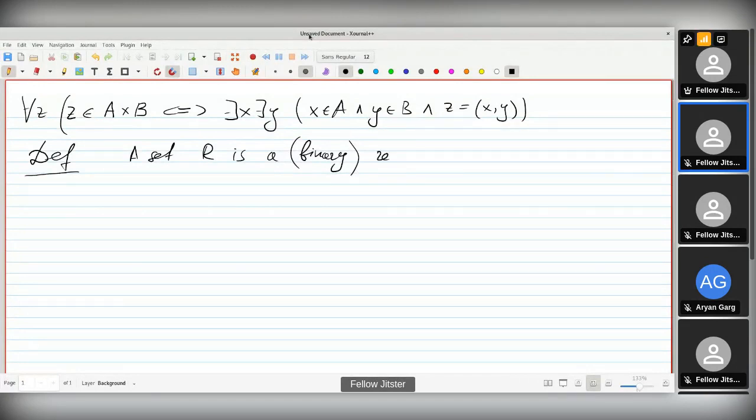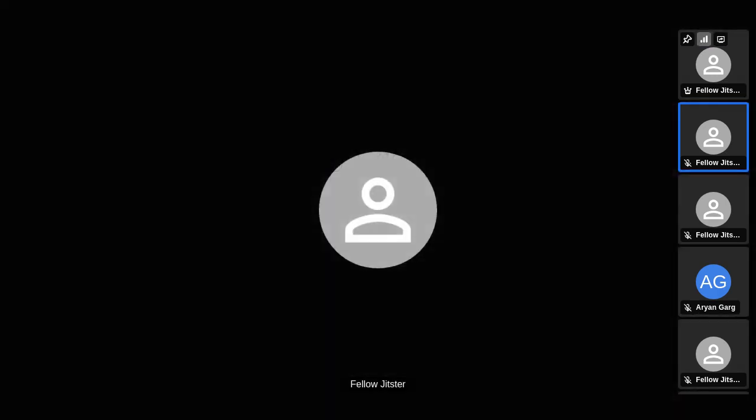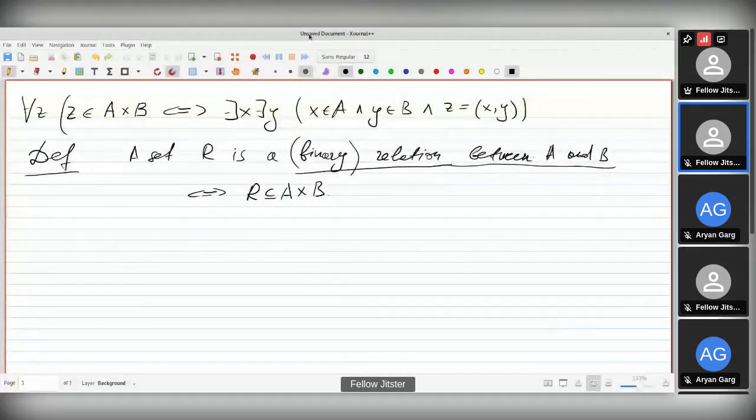R is a binary relation of A to B, or better, between A and B. R is just a subset of A times B. So what is a binary relation?